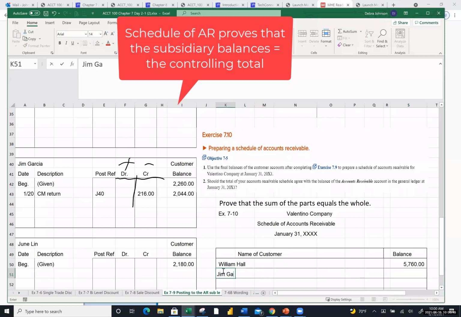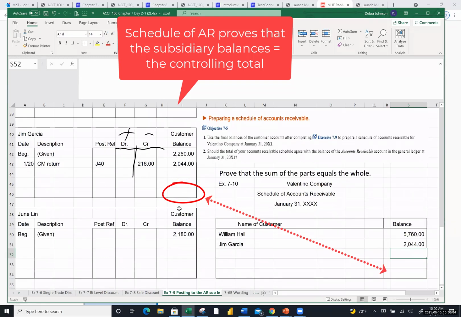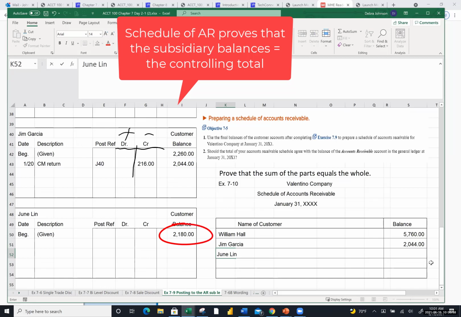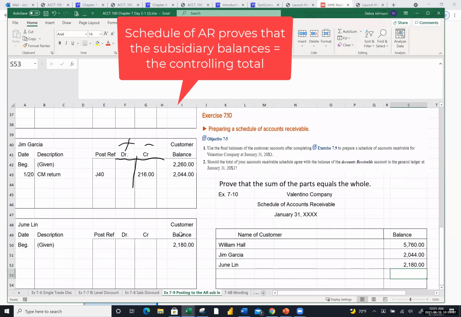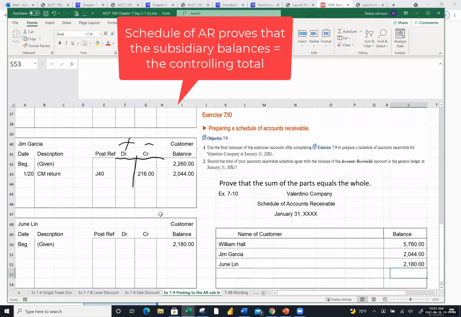Jim Garcia is my second customer. I'm going to go grab his balance from his card. And my last customer, I think it's my last one, is June Lean. I'm going to go grab her balance. So this is basically a list of customers who owe us money. And to show that the sum of the parts equal the whole, that's what we're doing in my words, not trying to use all the sophisticated words that the book uses.